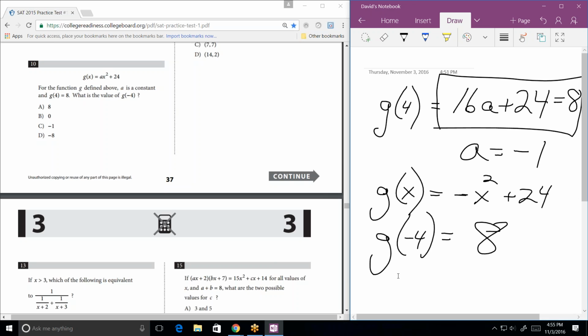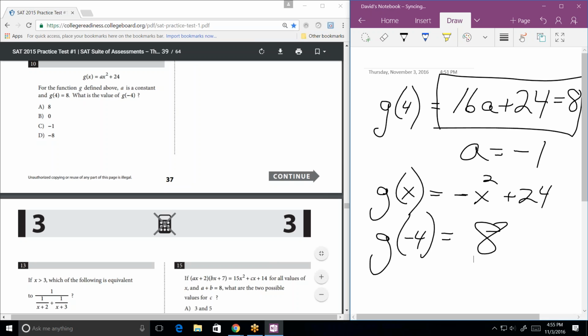Okay. But you couldn't have gotten there straight away. If you plug in negative 4 immediately, you get 16a plus 24 equals g of x, but you can't really go anywhere from that. So definitely a case where you have to deal with the first information.